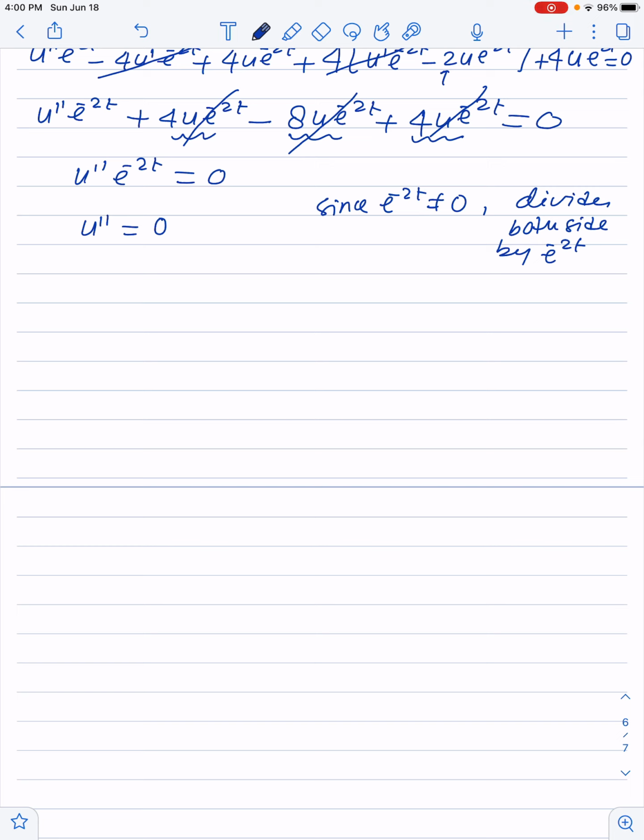So now we need to reduce the order. Let w equal u prime. So w prime will be u double prime, and substitute in double star. So w prime will be 0. So integrate on both sides.